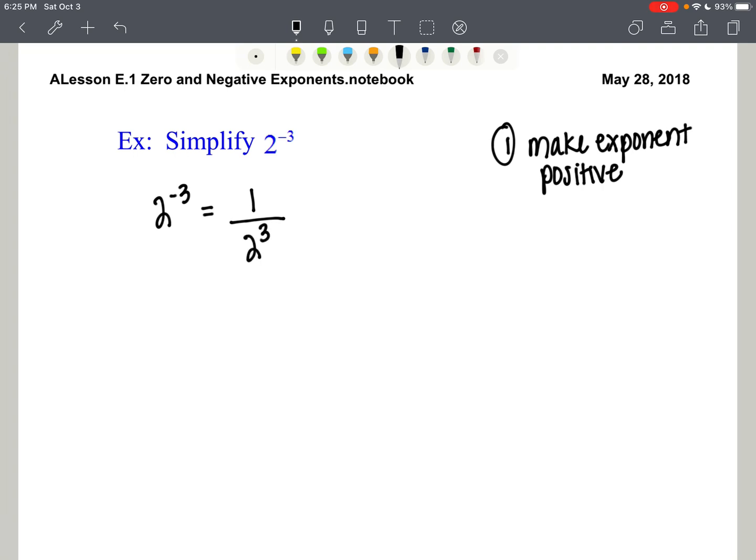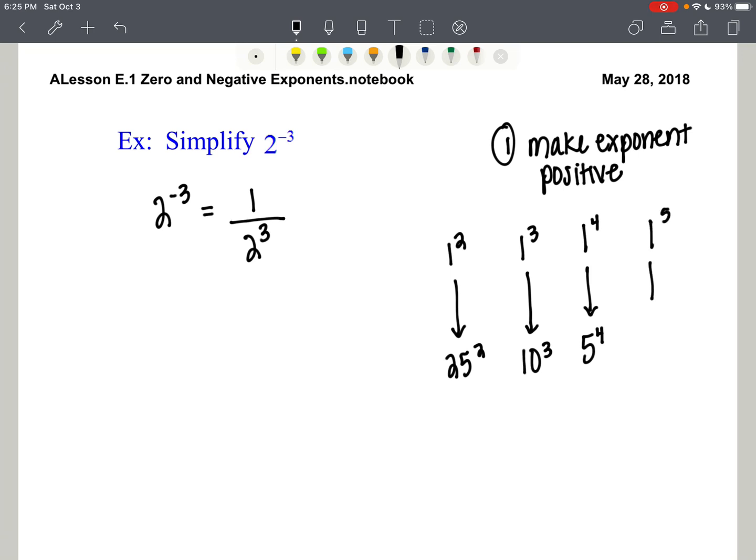2 to the third power is on our exponent quiz. Super important that you know your exponents. The exponents that we need to know are 1 squared all the way down to 25 squared, 1 cubed all the way down to 10 cubed, 1 to the 4th all the way to 5 to the 4th, and 1 to the 5th all the way to 4 to the 5th.